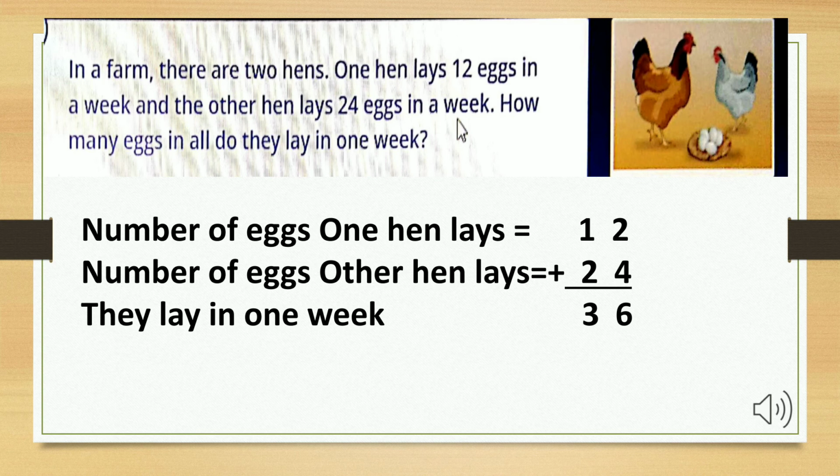In our first statement, we will write number of eggs one hen lays is equal to 12. Number of eggs another hen lays is equal to 24. In our last statement, we will write they lay in 1 week is equal to. Now we will add 24 and 12 together and our answer will be 36.